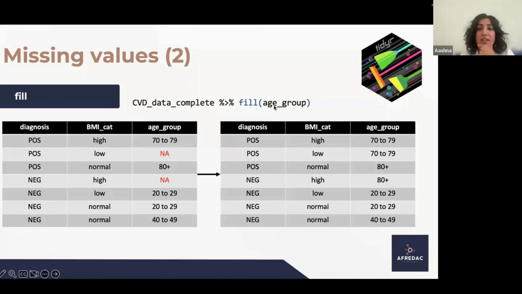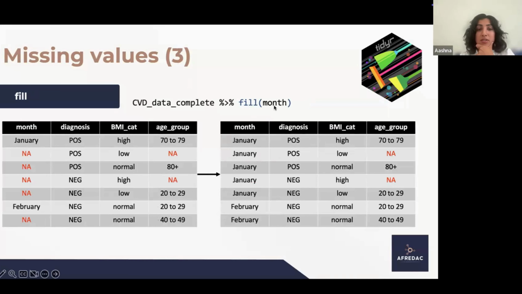And I think in the next slide, there's another example. This one just shows fill again, but shows one way where it might be very appropriate to fill it in. For age group, it doesn't really make sense to use fill. But this slide shows an example where using fill would be very appropriate.